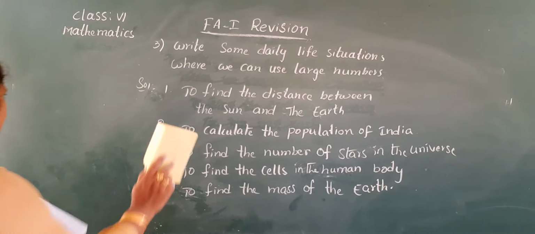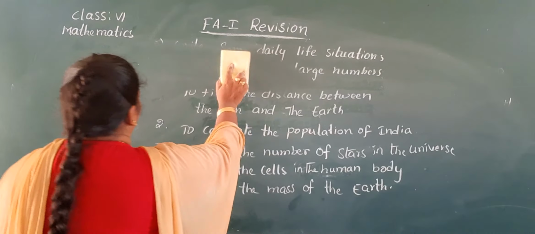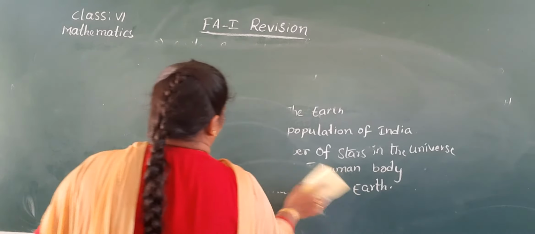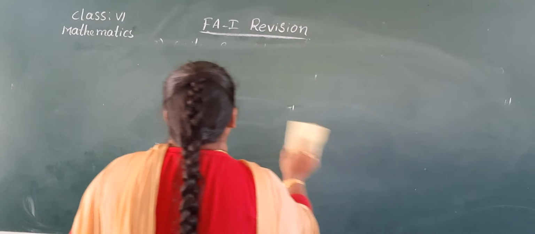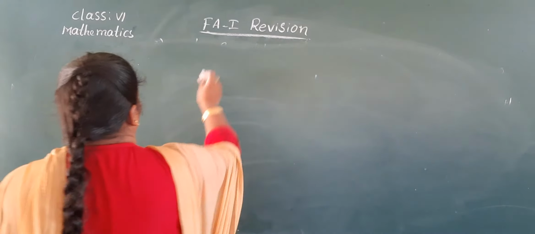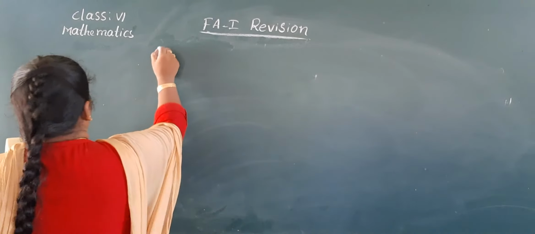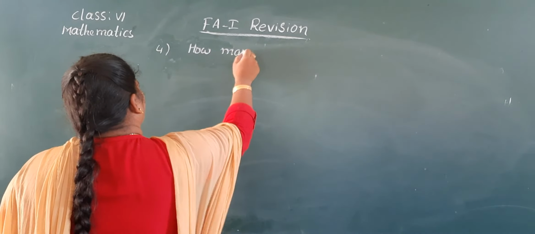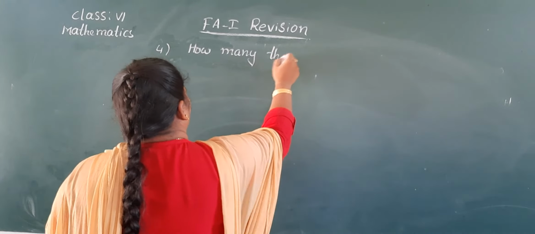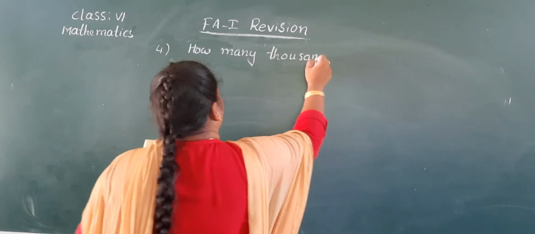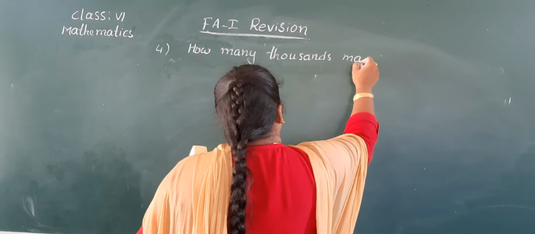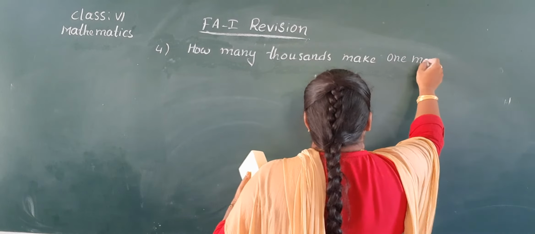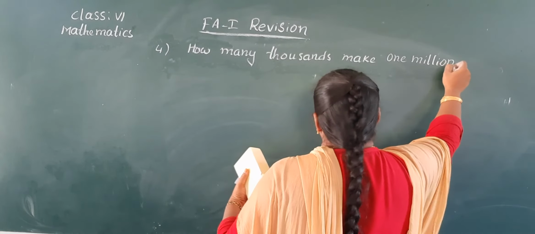How many thousands make 1 million? If you can't write in time, just pause the video and write, Nana. You know that very well. 1 million equal to how many lakhs?